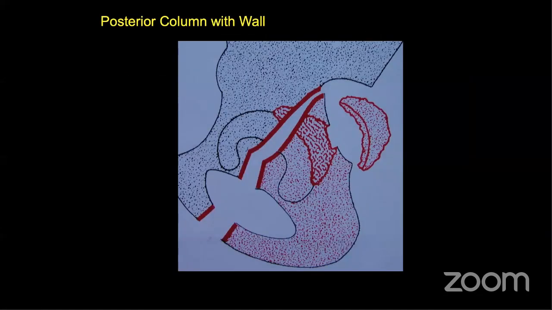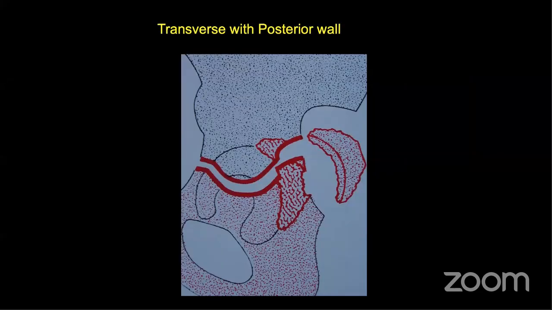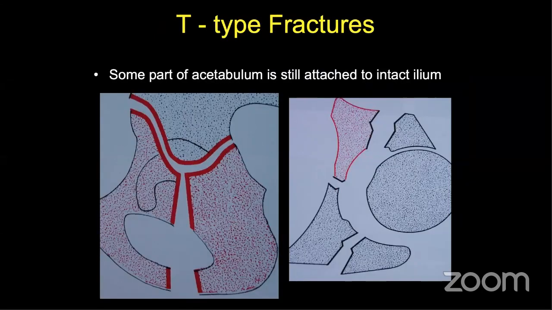So these are then the complex type or the associated types. You have your posterior column with wall fracture, a transverse fracture with a posterior wall, and a T-type fracture, which is basically a transverse fracture, but there is another fracture line going like the arm of a T and exiting through the obturator foramen. So when you look at a transverse fracture, always look at the conjoint ramus.